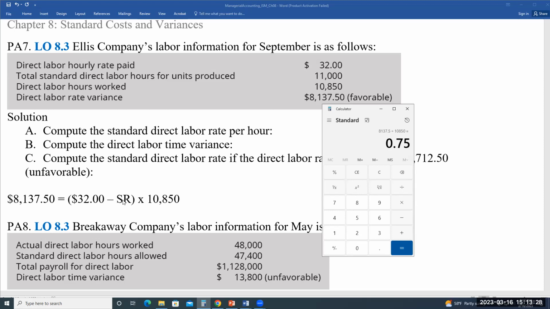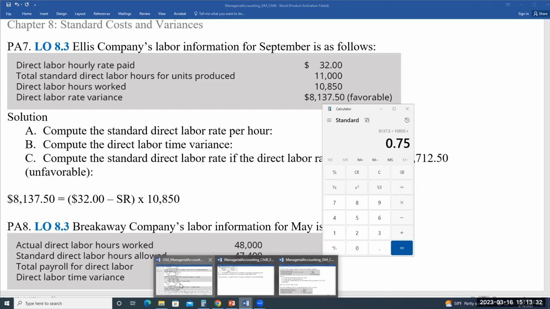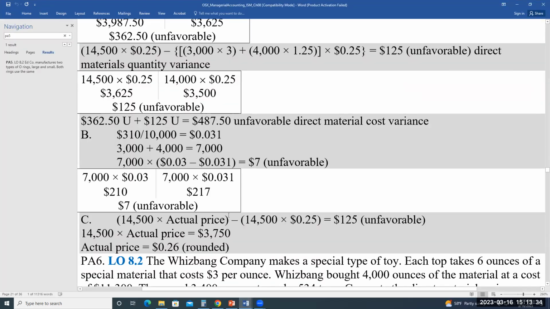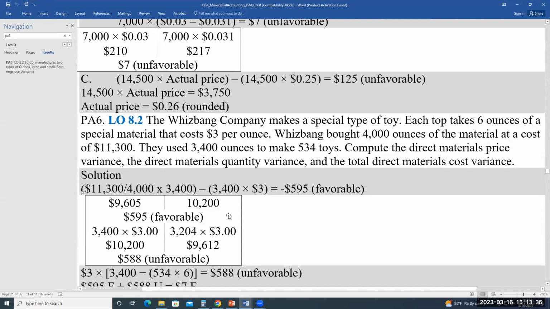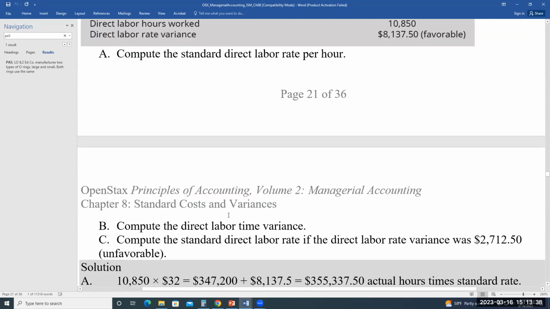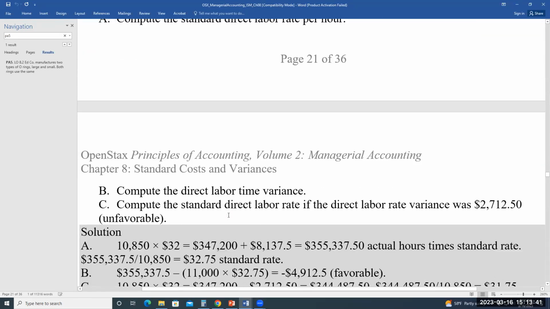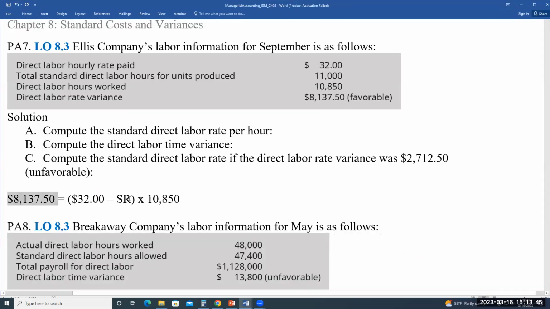That would be 31.25. See if that's right. Mm, 32.75. So I got it backwards. I had to add 75 cents. Okay. We were close.